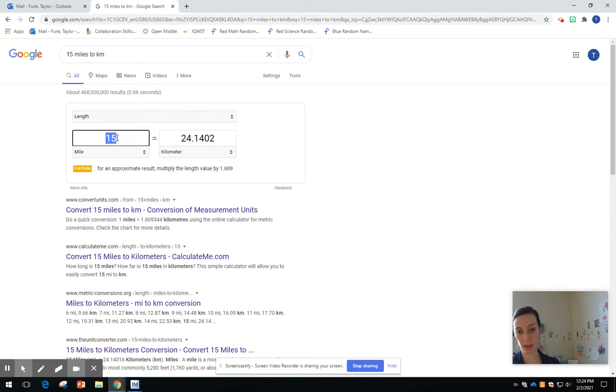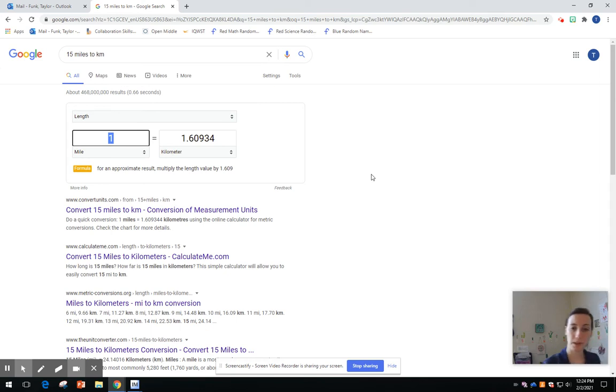And I can change here if I want to see the conversion factor, the unit rate, if you will, what 1 mile is. So 15 miles, and each mile is worth 1.60934 kilometers.